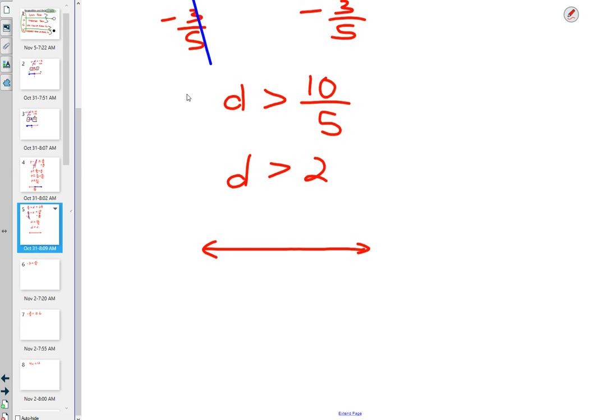It is 2. And then what's going to happen at the 2? No, at the 2, not left or right of the 2. What's going to happen at that 2? Oh, it's gonna go shush.